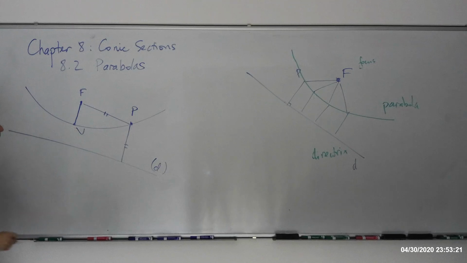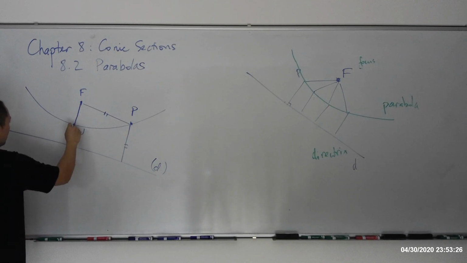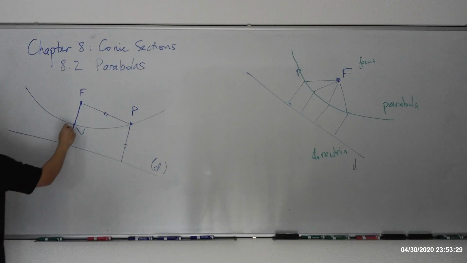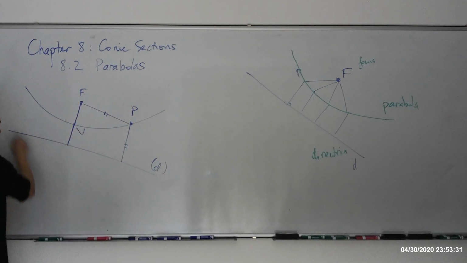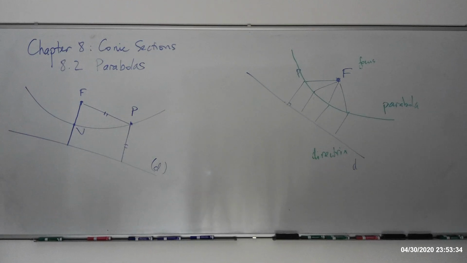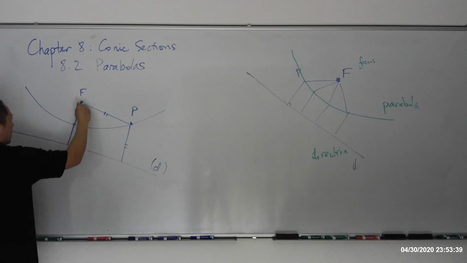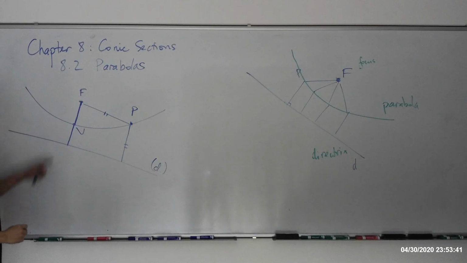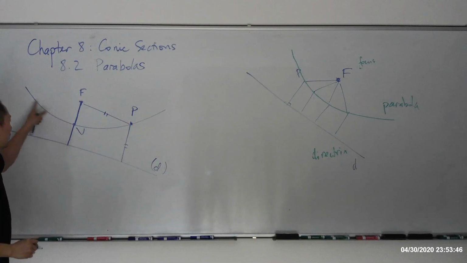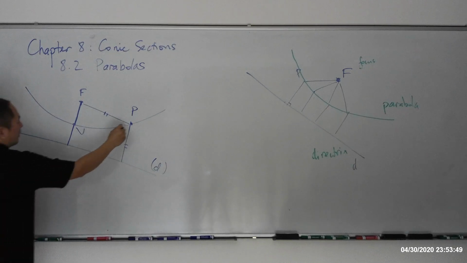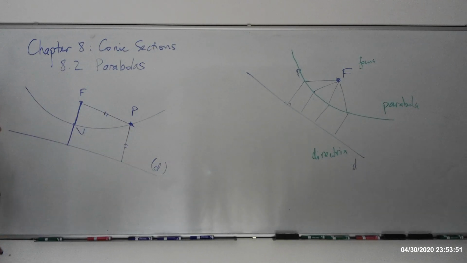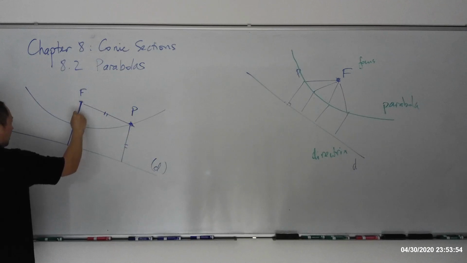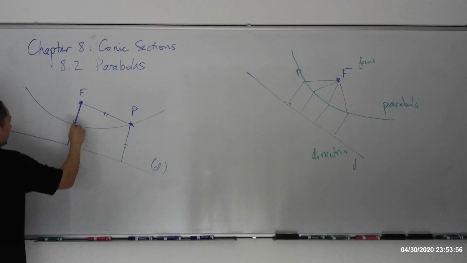And of course, by our definition, the distance from V to F is going to be the same as the distance from V to the line D. So V is going to be right in the middle of the point F and the directrix line D. This is the shortest distance from a point on the parabola to the focus, or from a point on the parabola to the directrix line. Any other points on the parabola will have a longer distance.